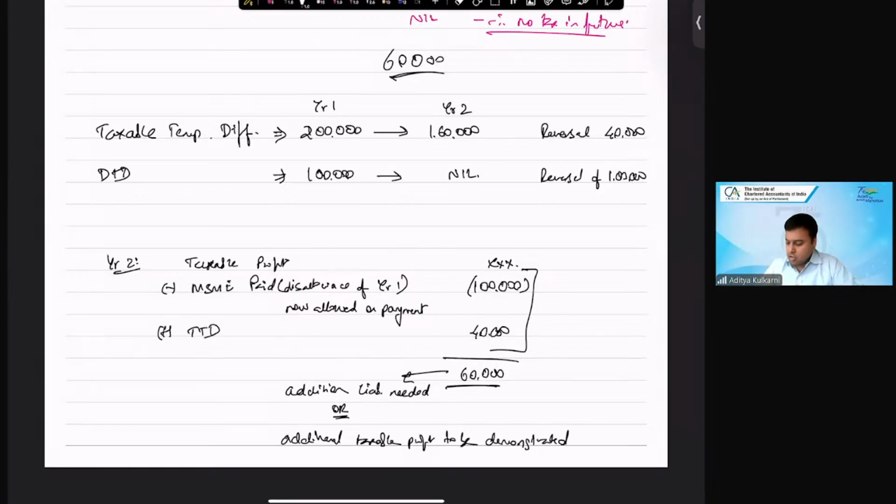Only then you can create a deferred tax asset on the entire deductible difference of 1 lakh. Otherwise, you can create a deferred tax asset only to the extent you can utilize, that is this 40,000 rupees. Did you follow? Clear?